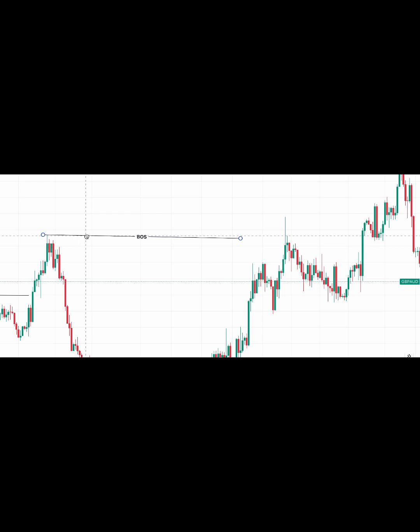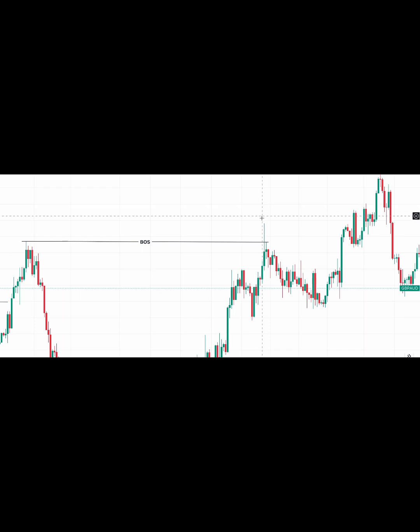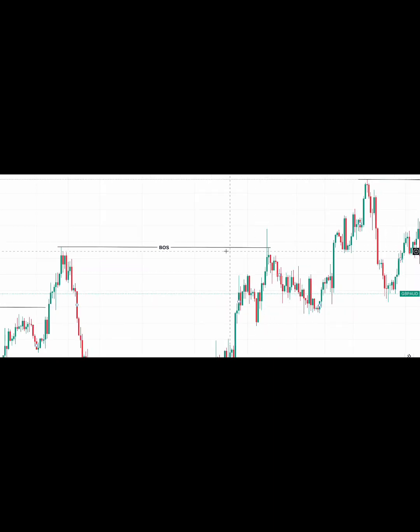We mark the highest point, but these candles, this is not the BOS, guys. Why? Because they just leave the shadow behind.